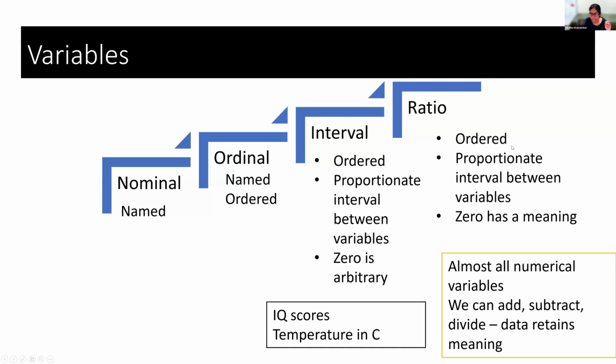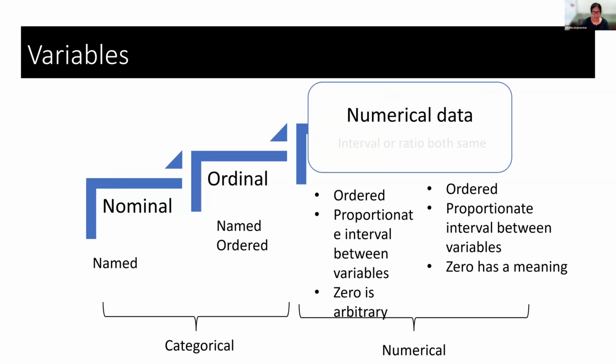Ratio is ordered, with proportionate intervals between variables, but 0 has a meaning. So almost all numerical values are in the ratio scale. We can add, subtract, divide, and still the data will retain meaning. However, in general parlance, nominal and ordinal are considered together as qualitative data. Interval and ratio are expressed similarly; they are numerical data.